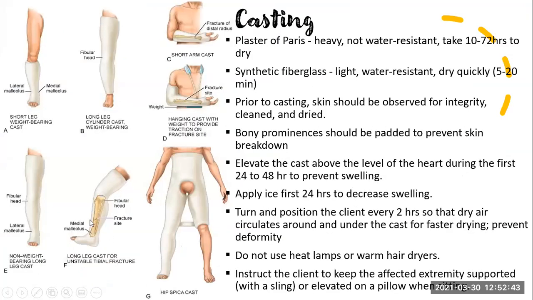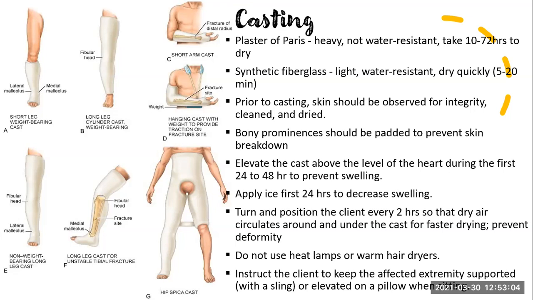So there are different types of casts. Plaster casts can take up to 72 hours to dry completely, versus synthetic fiberglass, which is most commonly used and usually dries within 20 to 30 minutes.